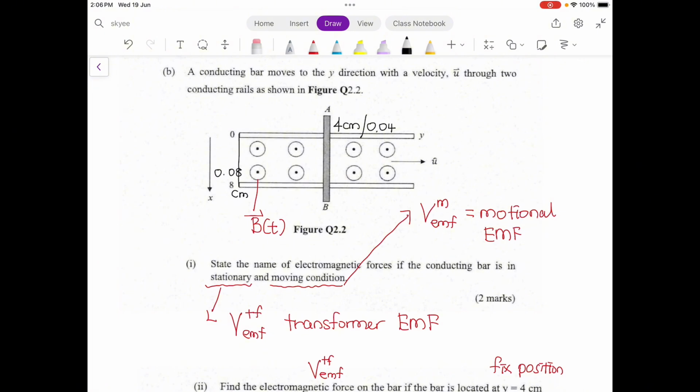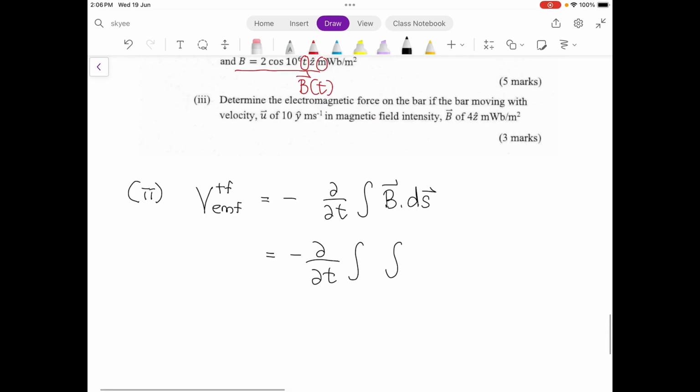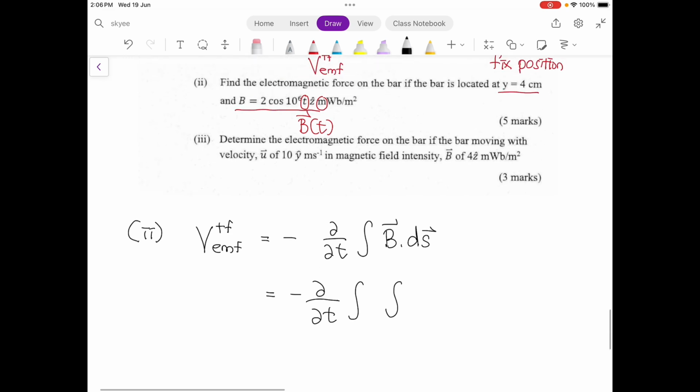So this will be the surface of the flux passing through. The B, you can put as 2 cos 10 to the power 6 t, in milliTesla.